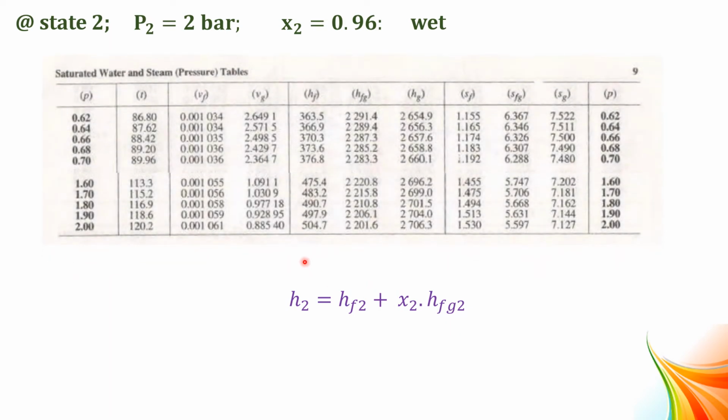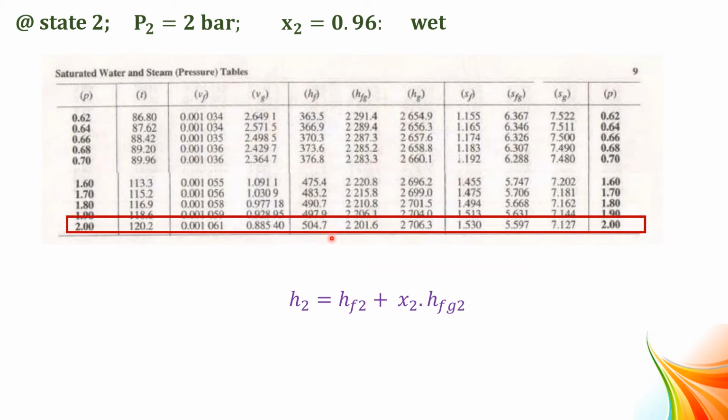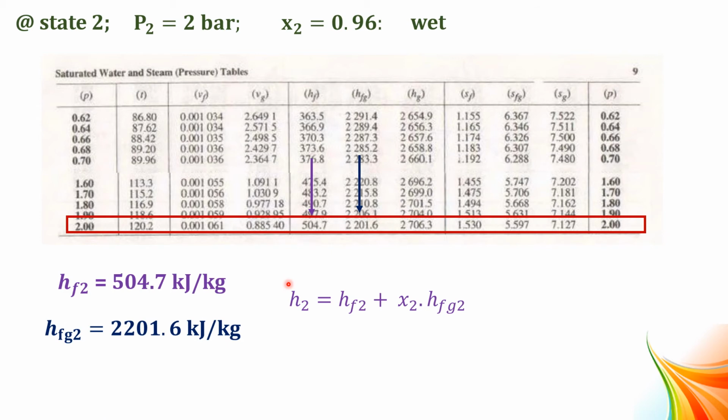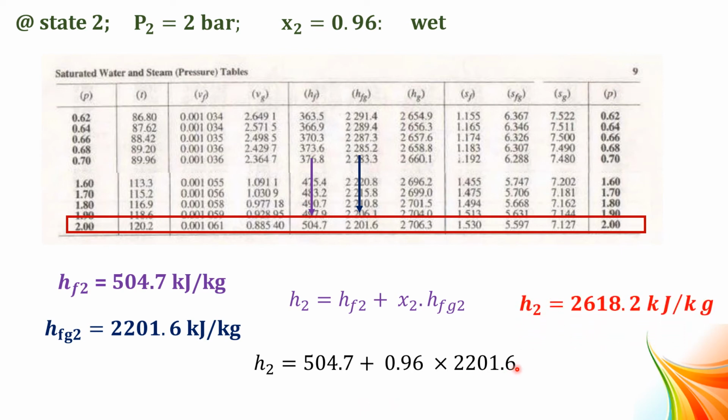So from the steam table, page number 9, corresponding to 2 bar pressure, we have to note down the values of HF and HFG. So the value of HF is equal to 504.7 kilojoule per kilogram and HFG equal to 2201.6 kilojoule per kilogram. Now substituting these values in this equation, we get H2 equal to 2618.2 kilojoule per kilogram.